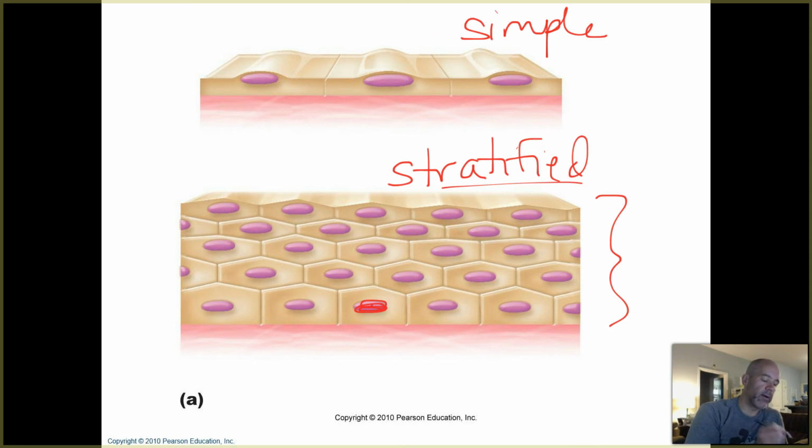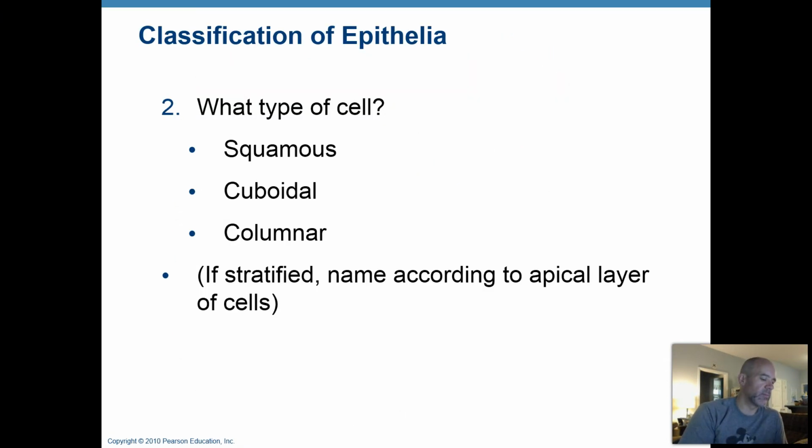The little purple spots in there are nuclei, and if you were looking at tissues under the microscope, you would look for those purple spots, because the dyes that they apply to the thin tissue slices stain the nuclei with a dark purple dye. And then, of course, here's your border in between individual cells, and you can see that there is really little to no space in between those cells.